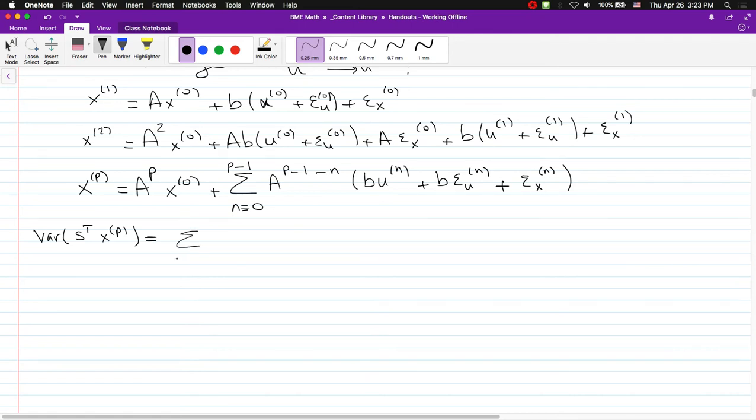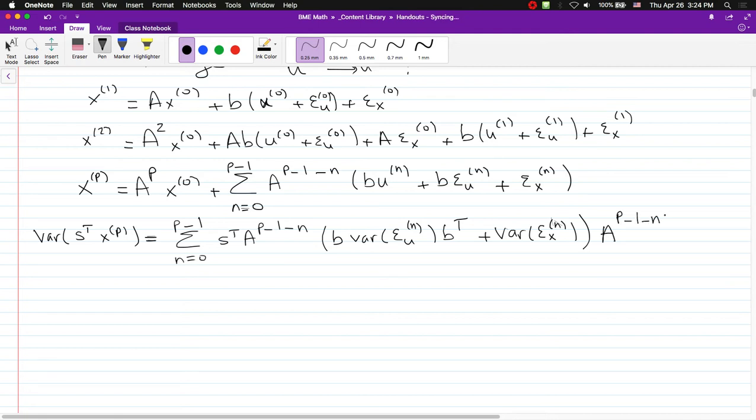So we have the sum, I have S transpose in front, A to the P minus 1 minus N, times this term here, B, then I have the variance of this term, B transpose, plus I have the variance of this term, times A to the P minus 1 minus N, quantity transpose, times S. Okay, so that's equal to these terms here.